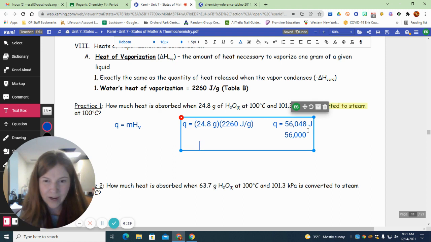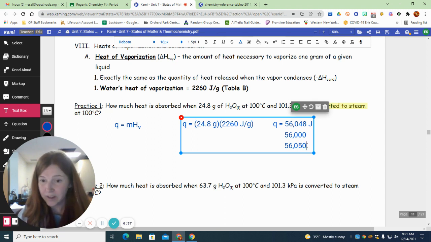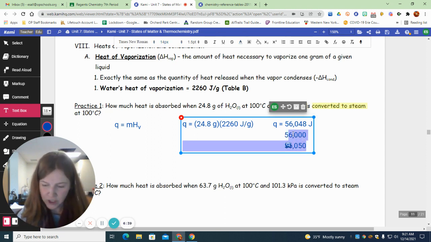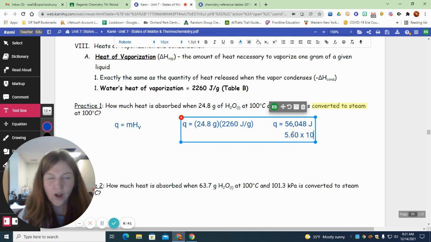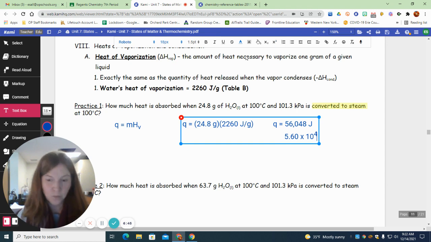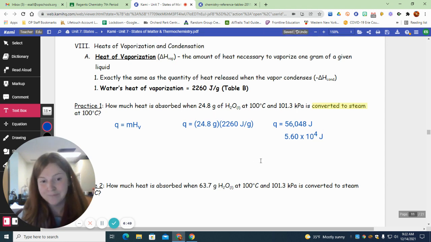But if I try and round it to 56,005, that has 4. So the answer here of what to do is you can always put stuff in scientific notation. And then you can cut it to wherever you need to cut it in order to get the appropriate number of sig figs.